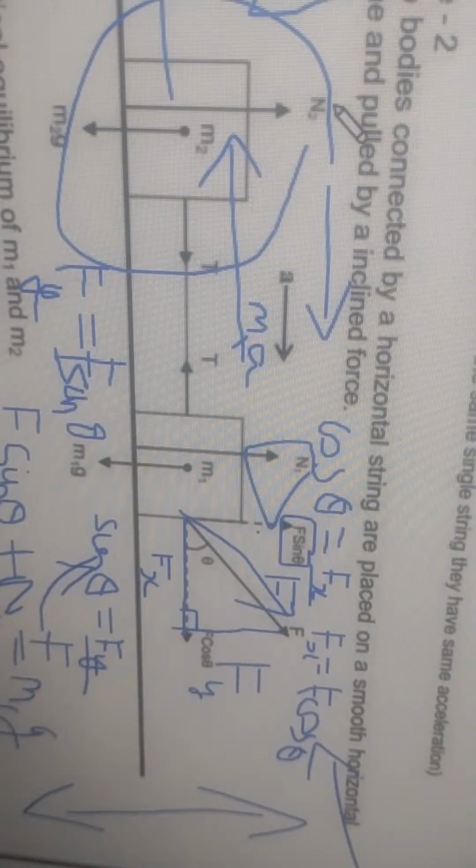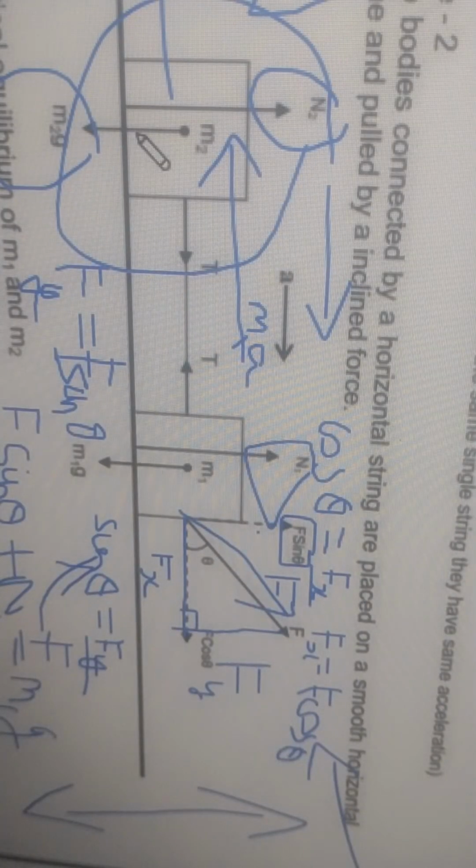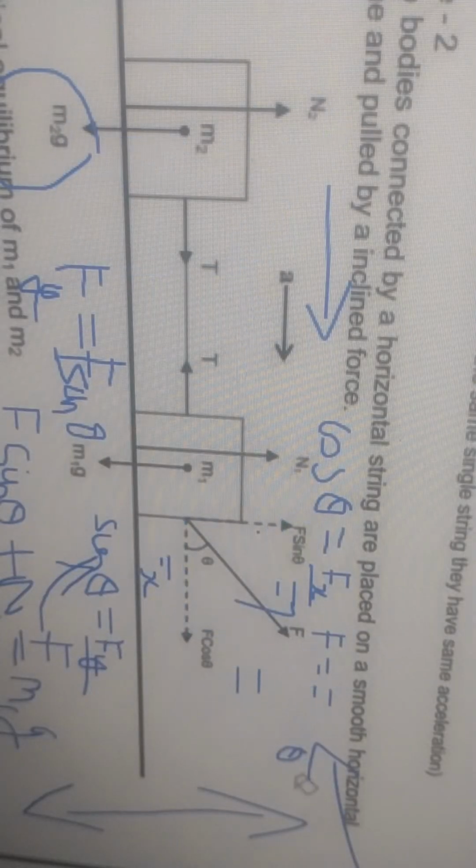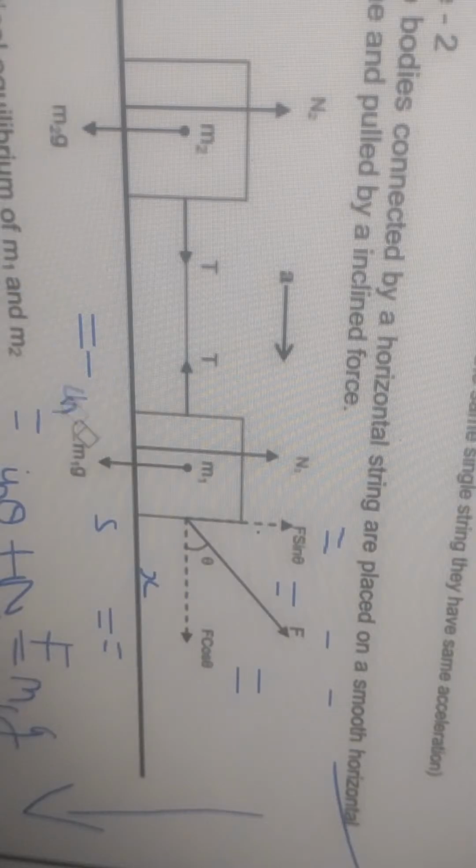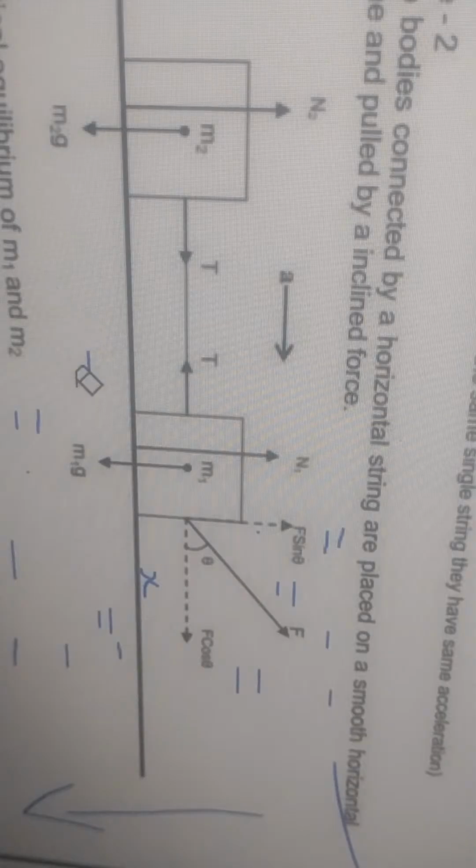Now N2 is in this direction and M2g is in this direction. So N2 is equal to M2g. I'm rubbing this up because I'm not able to understand how it came out, everything was very hodgepodge. Now everything is clean.